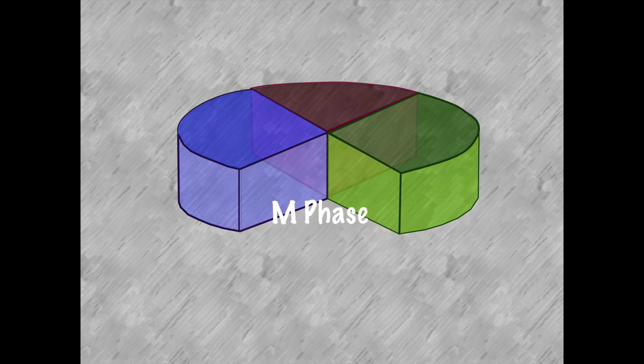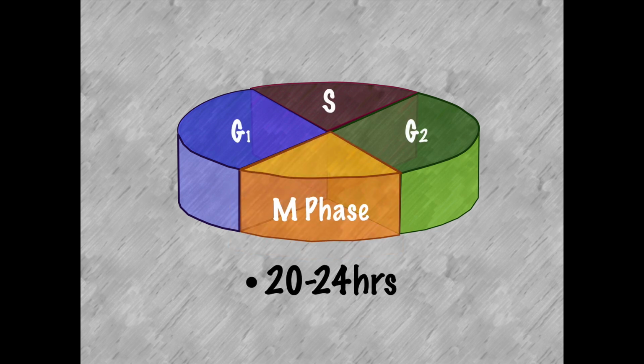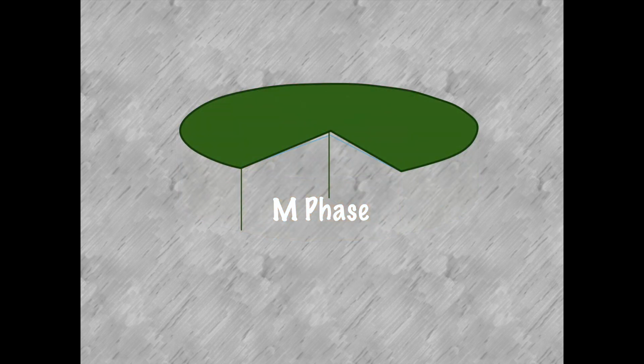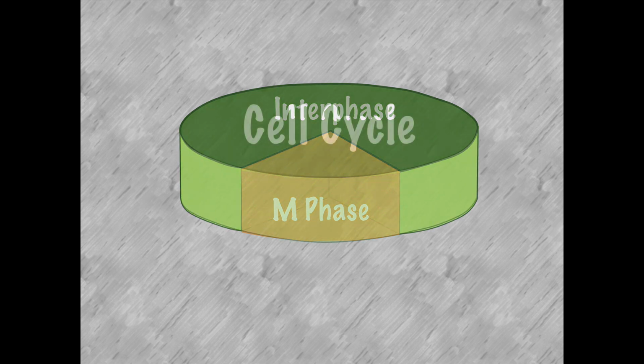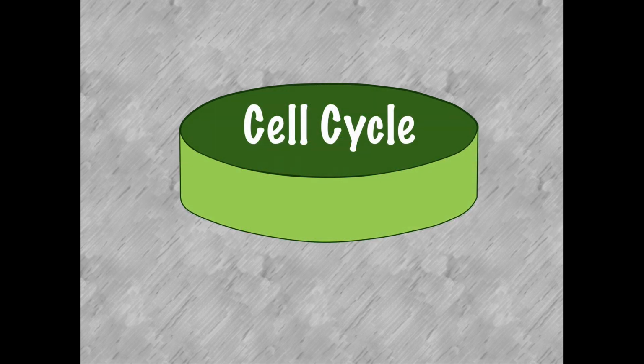So you have the subdivisions, and the whole cycle lasts anywhere from 20 to 24 hours. Depending on the cell, of course, this is an average, that cell division will last 20 to 24 hours. So all that comprising the cell cycle.